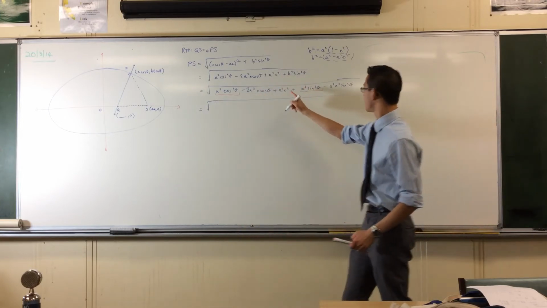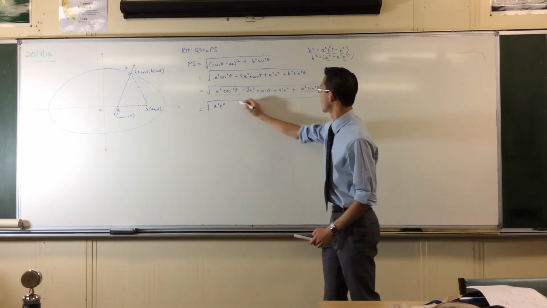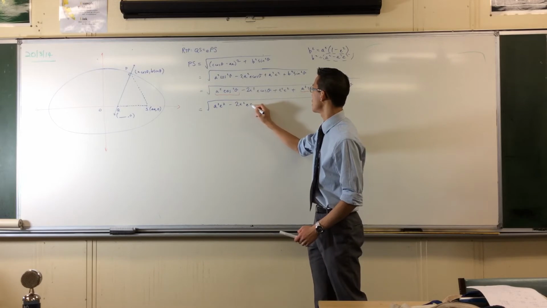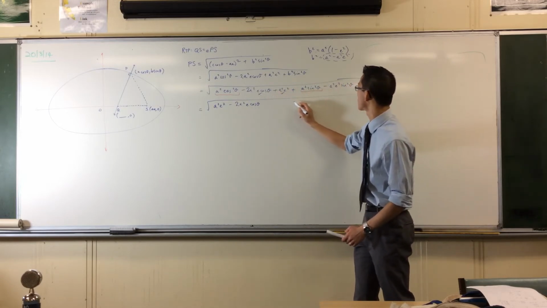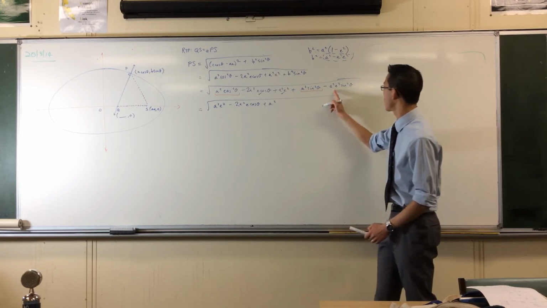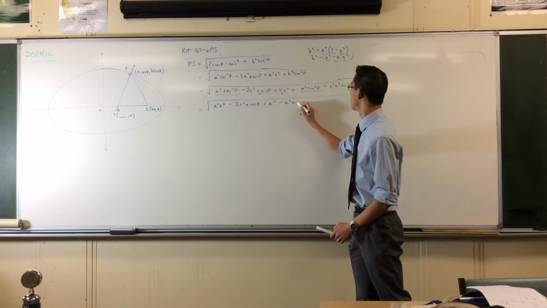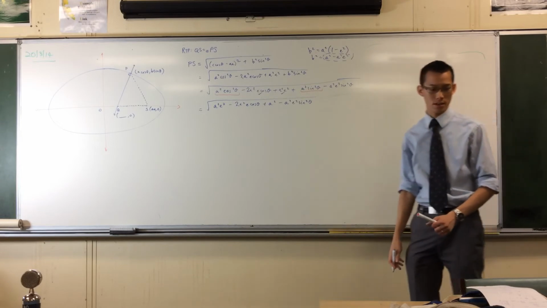Let's see here. Drag this a squared e squared out the front. What have I got here? Minus 2a squared e cos. I've accounted for this, I've accounted for this. And I'll say plus a squared. And then I've got this guy. Didn't need so much after all. Okay, can I do anything else here?